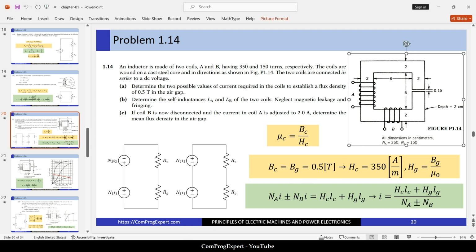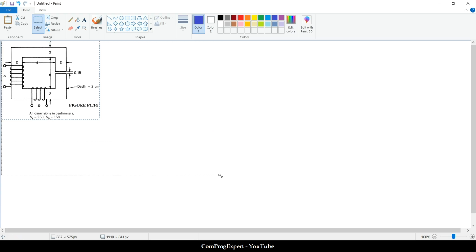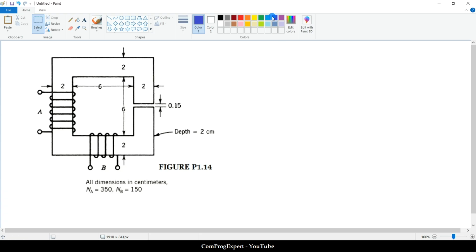Let me write here. For this example, suppose we have this direction of the current for the phase A. This is IA and this is IB.